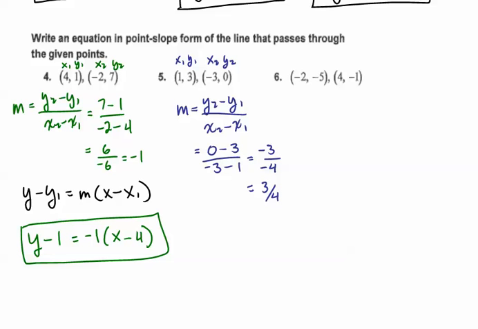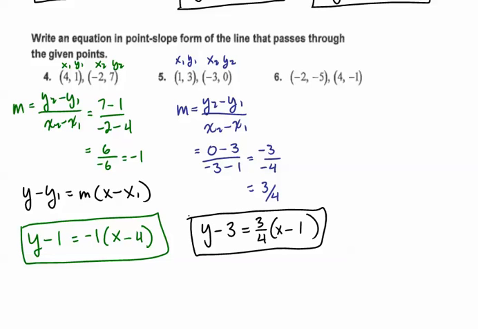We're now going to pick either point. We'll use the first one. Y minus y1, 3, is equal to m, 3/4, times x minus 1, and that is our second equation in point-slope form. Same idea. We're going to calculate the slope, label x1, y1, x2, y2.